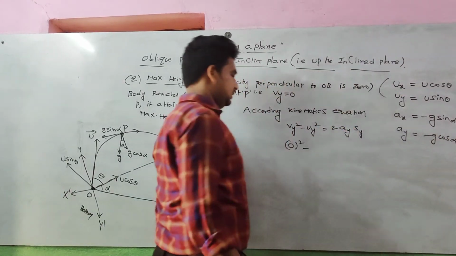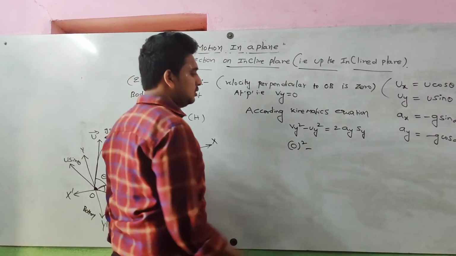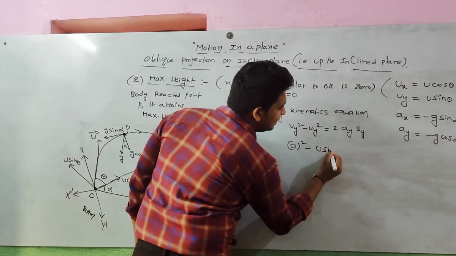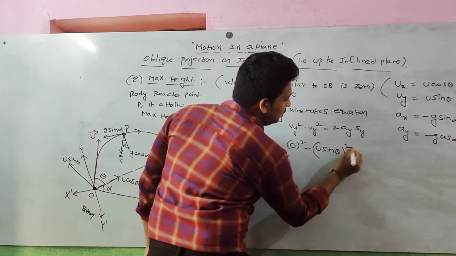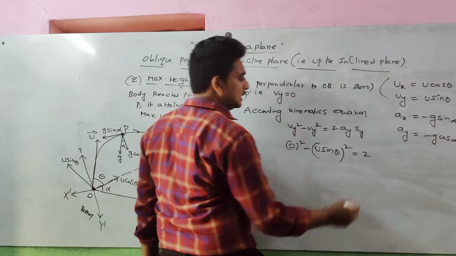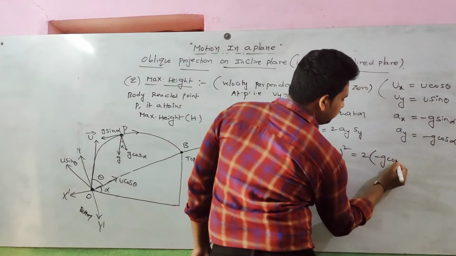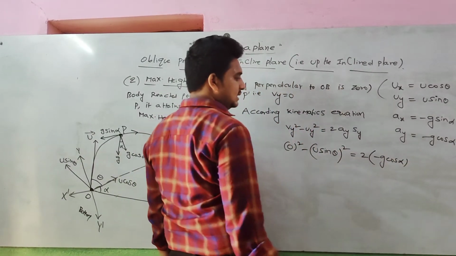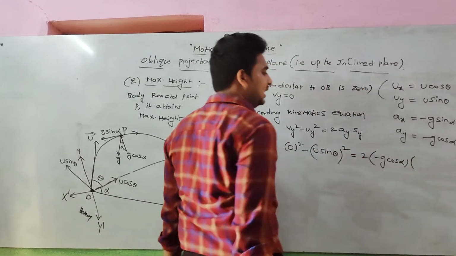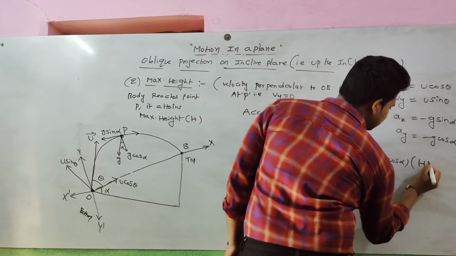So Vy is equal to 0 square, Uy is equal to U sin theta whole square, 2 into Ay means minus g cos alpha, and Sy means h, the maximum height.